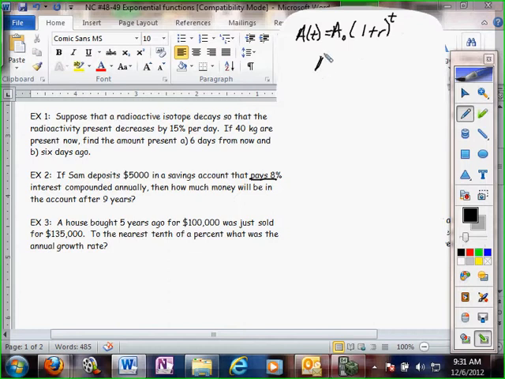The initial amount, A naught, is what he's going to deposit. That's 5,000. R, the rate, is 8% or 0.08, and time t is 9 years. So t is equal to 9. I want to know how much money is going to be in the account after 9 years. That's the new amount, A of t again, so I'm looking for A of 9.